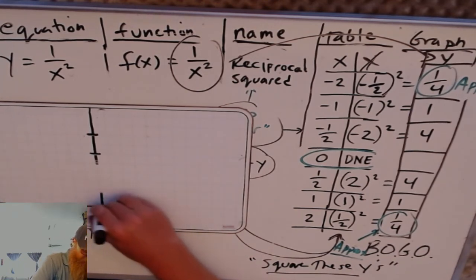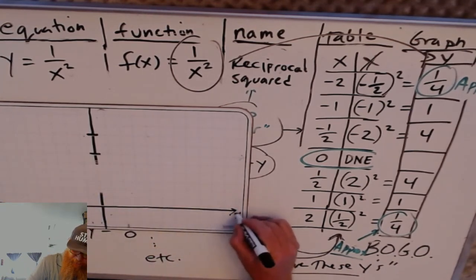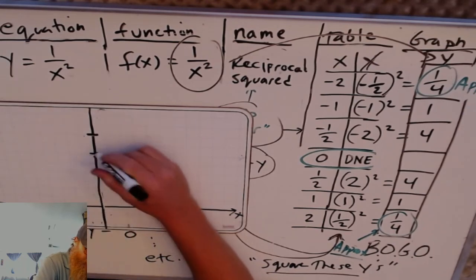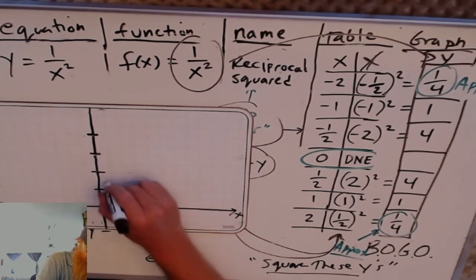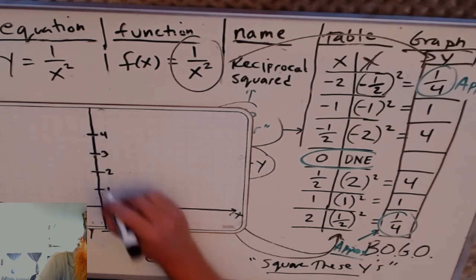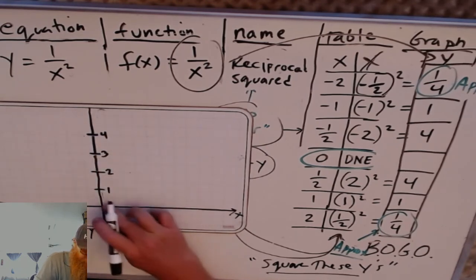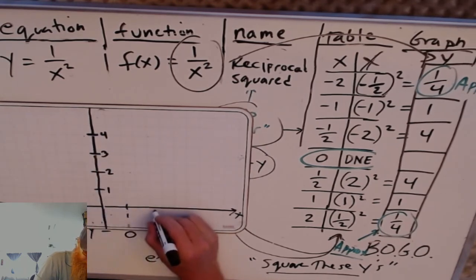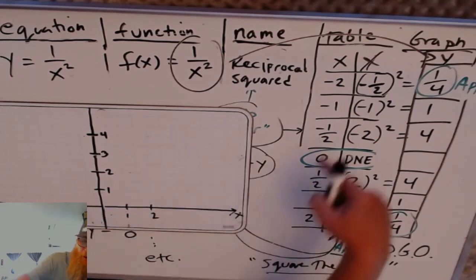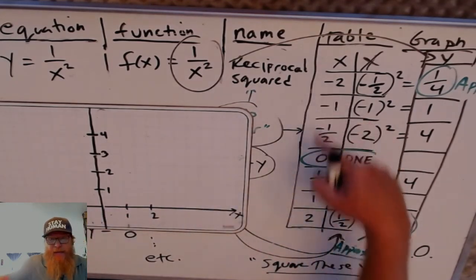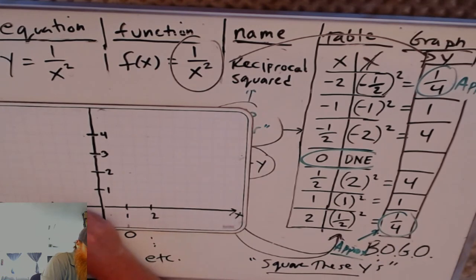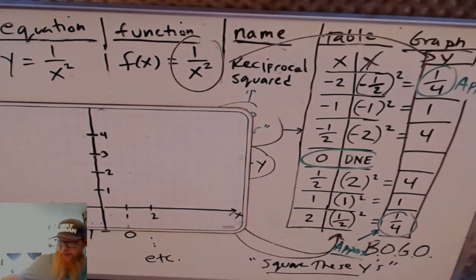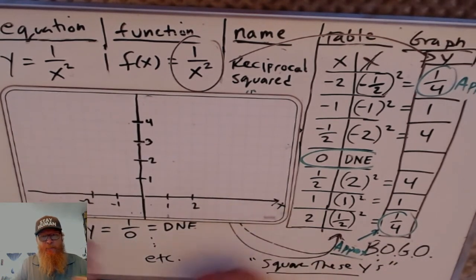You'll be happy to know that this is it. As soon as I graph this, we'll be done. Notice the x's are exactly the same x's they were in the last example. So this is the reciprocal squared.